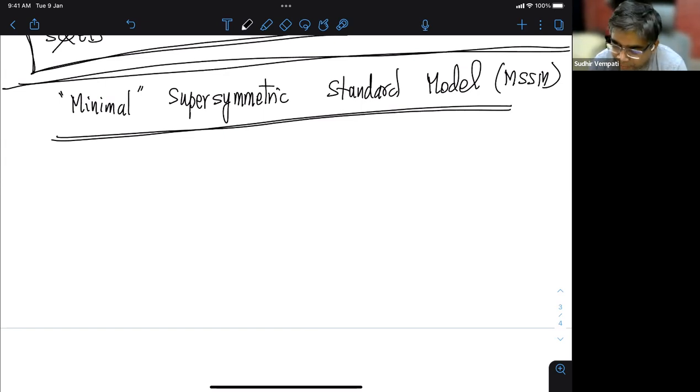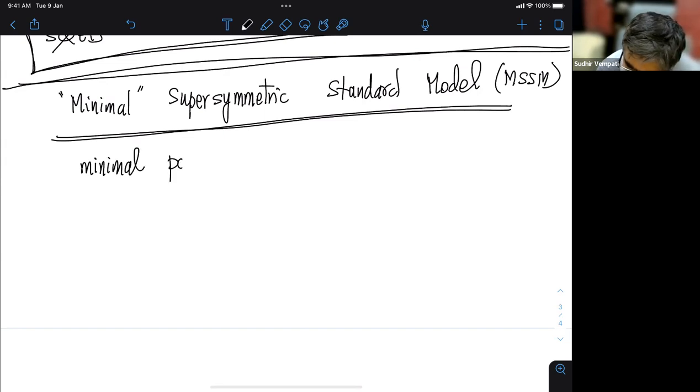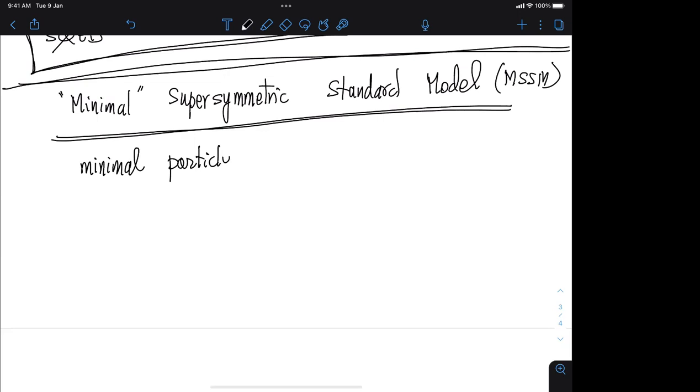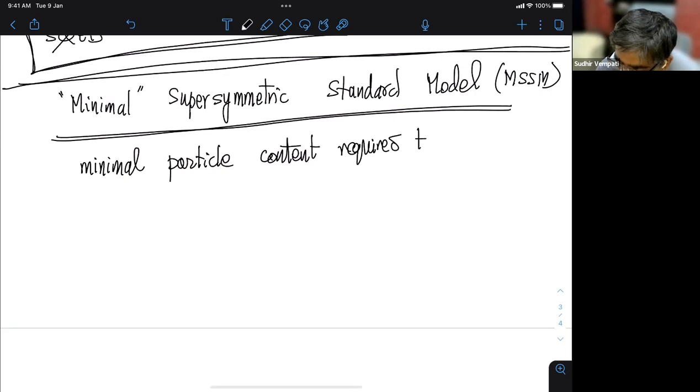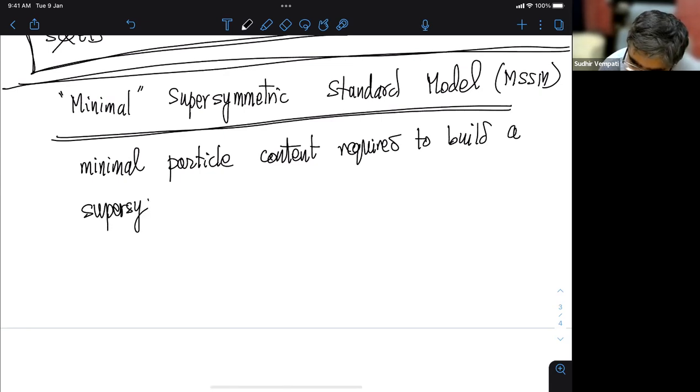So why is it called minimal? Minimal is the minimal particle content required to build a supersymmetric standard model.